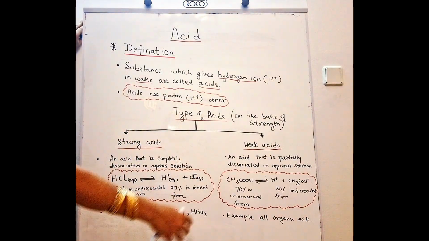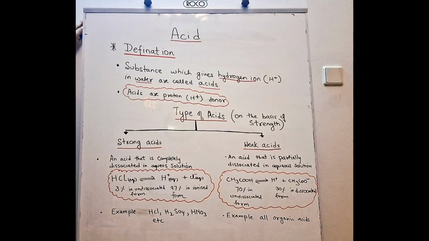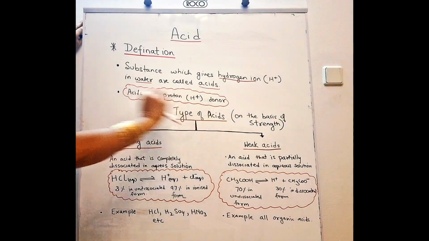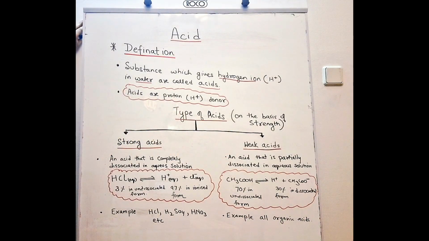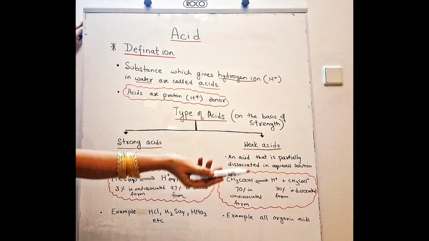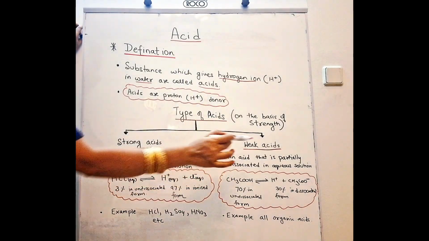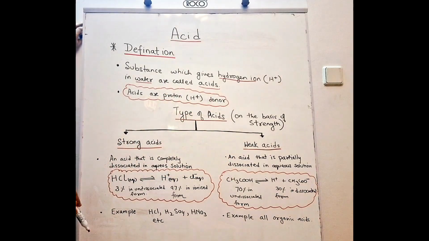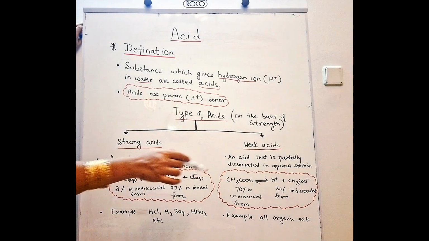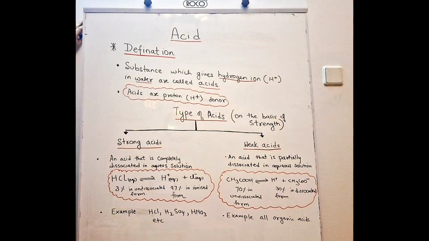If you understand the definition of a strong acid, automatically you will understand the definition of a weak acid. Now, what is a weak acid? Which types of acids are called weak acids? Those acids which are partially dissociated in aqueous solution are called weak acids.